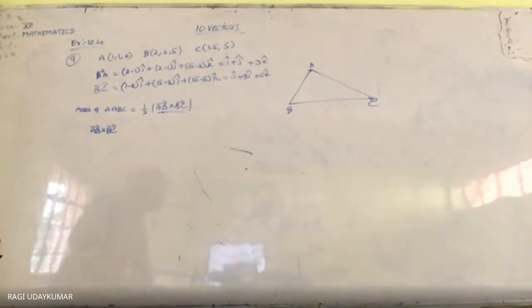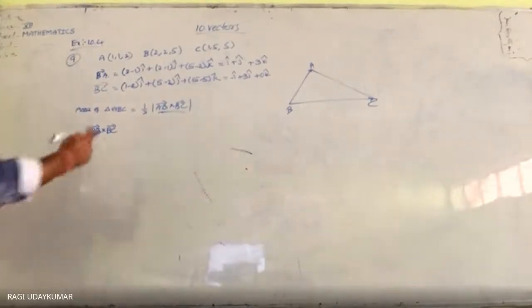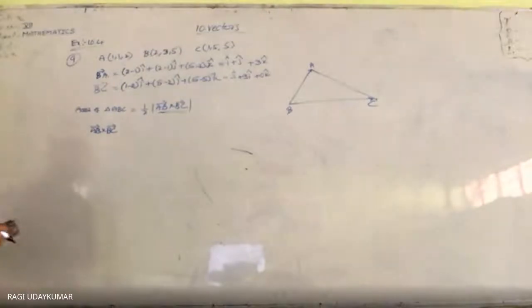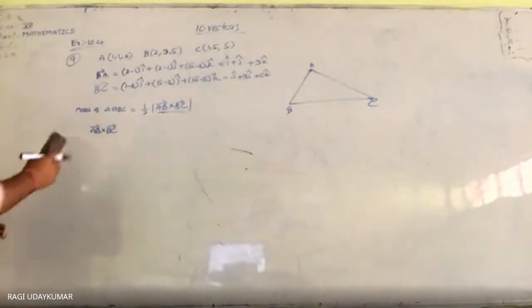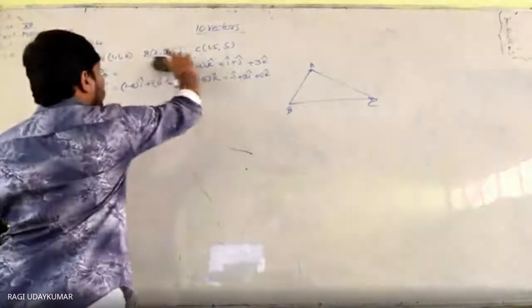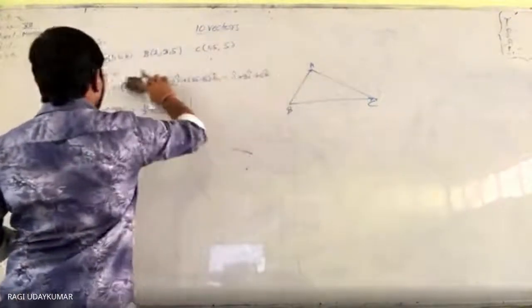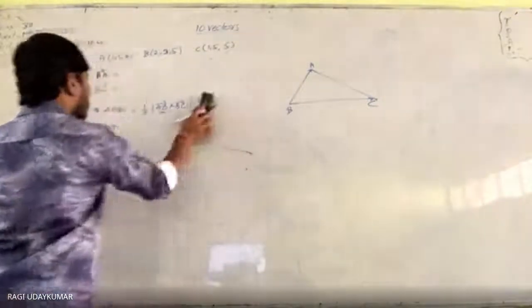This is 3. Okay, take BA here. So this also changes.